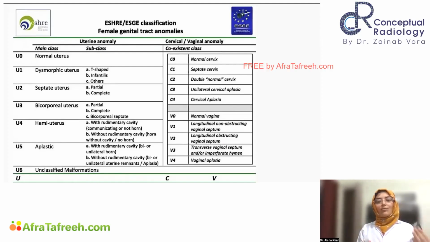For cervix: normal, septate, double cervix, unilateral aplasia, and complete aplasia. And similarly, the vaginal anomalies like normal, longitudinal septum non-obstructing, longitudinal septum obstructing, which is V2. V3 is a transverse vaginal septum and V4 is a longitudinal.